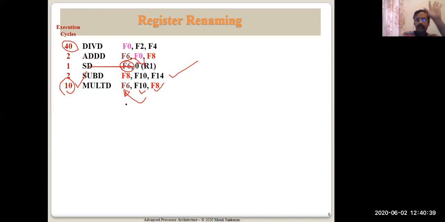I cannot complete the multiply-D instruction because write back cannot be completed. I cannot write the result back into F6 because it is still held. I have to wait till this reading happens. So a WAR hazard, write after read, is happening. Again I get into the same problem.